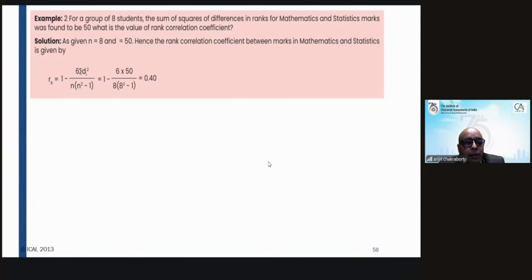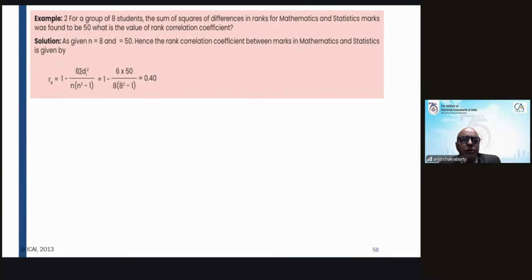So for a group of 8 students, the sum of squares of differences in ranks is given. That is, n is 8, and di is the difference in the ranks: what rank they got on the mathematics score and what rank in statistics, and the square of the difference between the two is given. That means sigma di square is given.